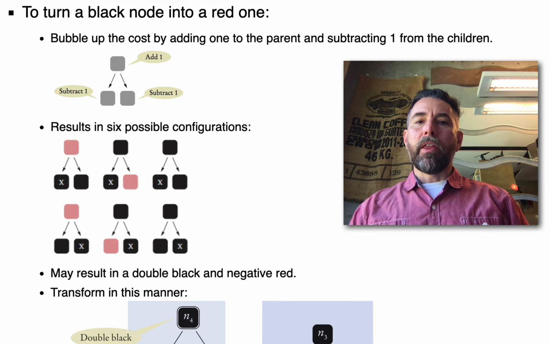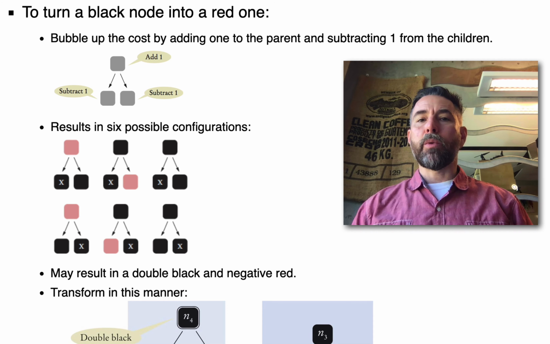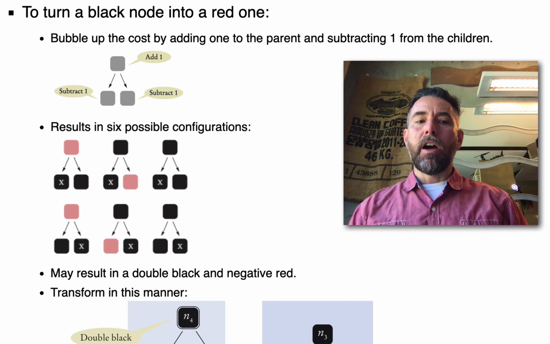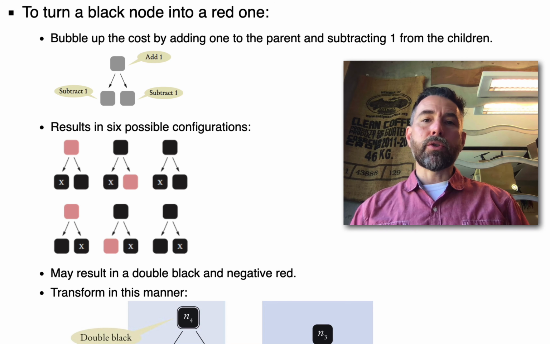For example, there are 6 possible configurations of a subtree in which we want to remove our black nodes. These are indicated here with the X's. We may have 2 trees with red parents, and then the X might be on the left or the right. And we might have 2 trees with black parents and 1 red child and 1 black child, and depending on which one we want to remove, it might be on the left or the right.